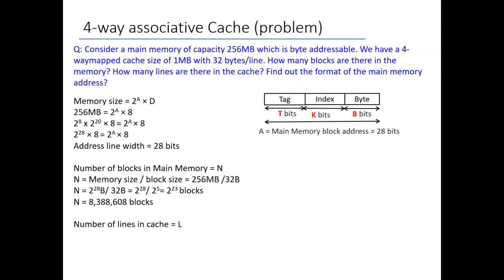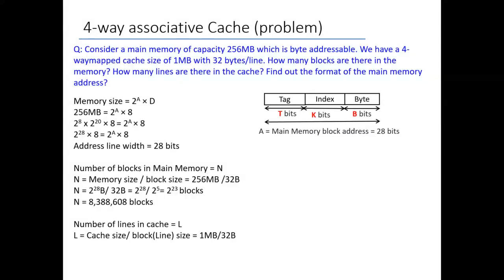How many lines are there in the cache? Can you tell me the formula? How can we compute L? The number of blocks in main memory is calculated by dividing the main memory size by the block size, and the number of lines in a cache is calculated by dividing the cache size by the block size.